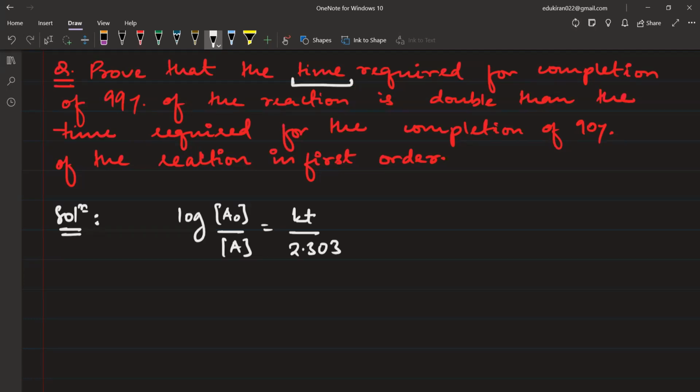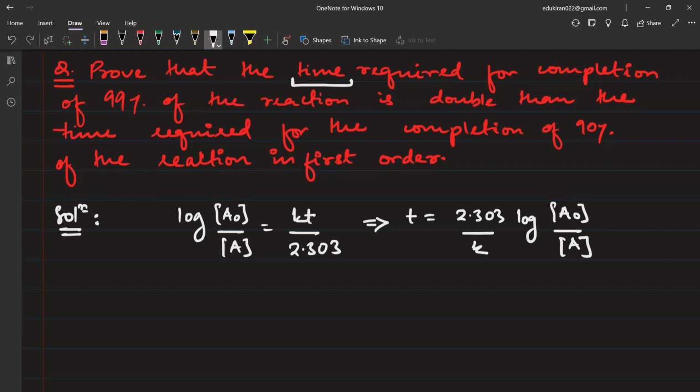So what is time equal to? Time is equal to 2.303 divided by K, log of A naught upon A. Now please just write till here, and then after this you please start listening.